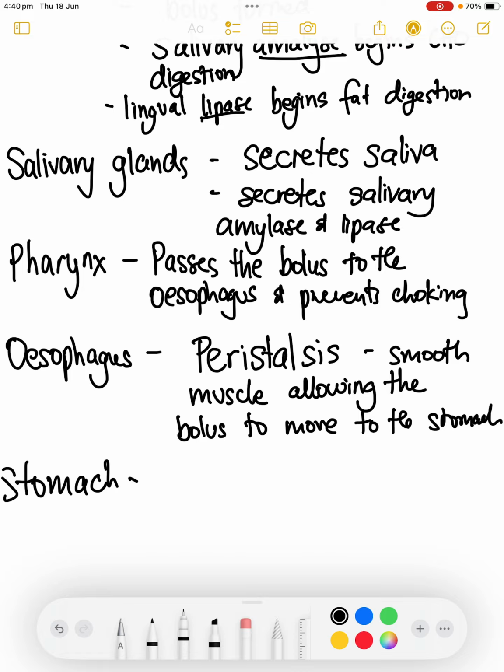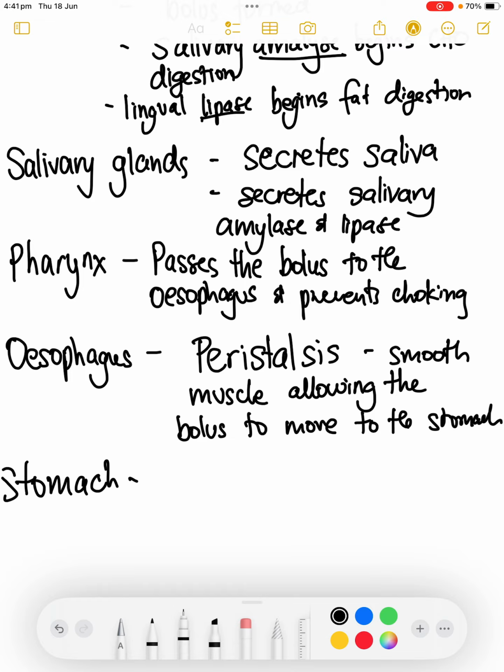To put it really simply, the stomach's going to mix and churn food with gastric juices, and the hydrochloric acid, which has a really low pH, will kill bacteria. It will denature proteins that food contains, and it will activate pepsin to break those proteins down too. So there's a few uses there.